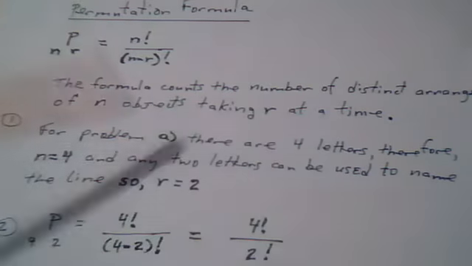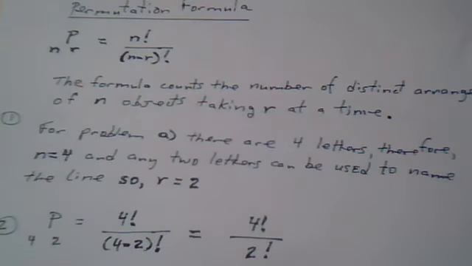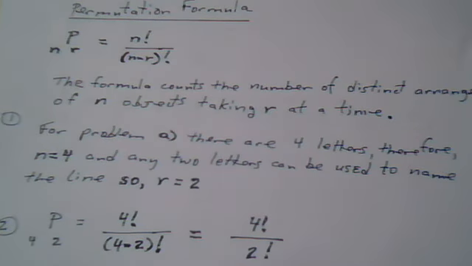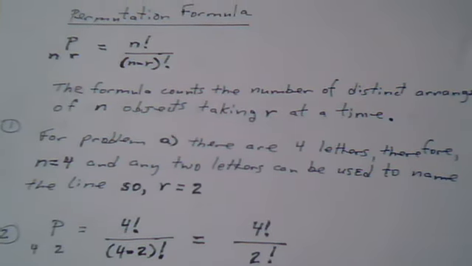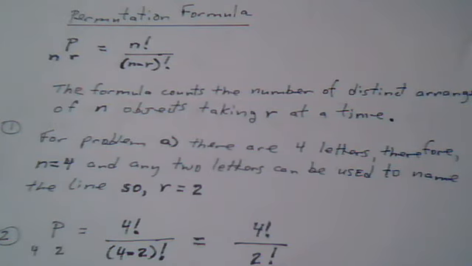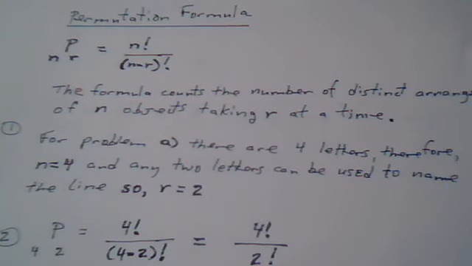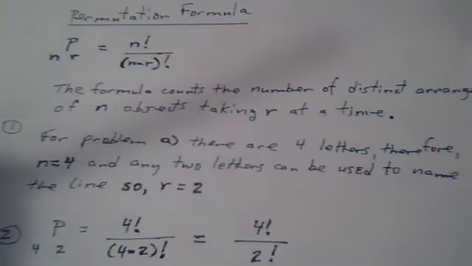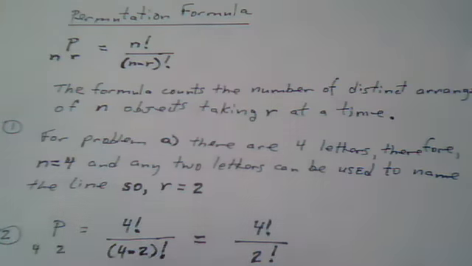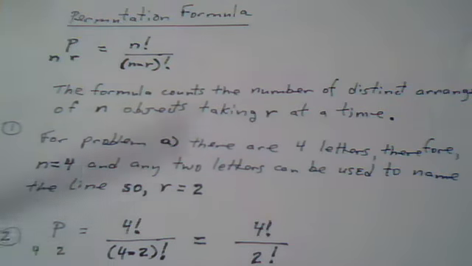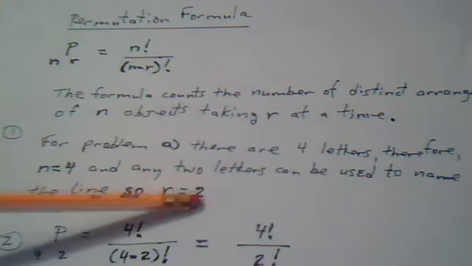For the problem in part A, there are 4 letters, A, B, C, D. Therefore, n equals 4. Any 2 letters can be used to name the line, so r equals 2.